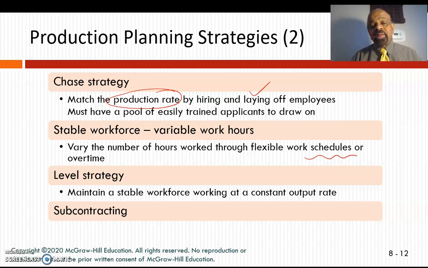That is the second strategy. The third strategy is a level strategy, where we have a stable workforce putting out a constant output rate. That might involve subcontracting and things like that. So these are the strategies that we are going to be working on. So let's go ahead and start working on the problems next.